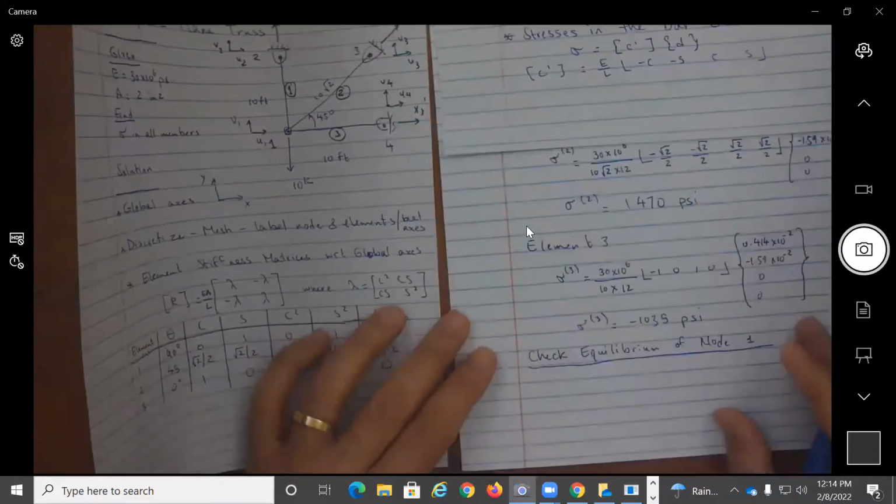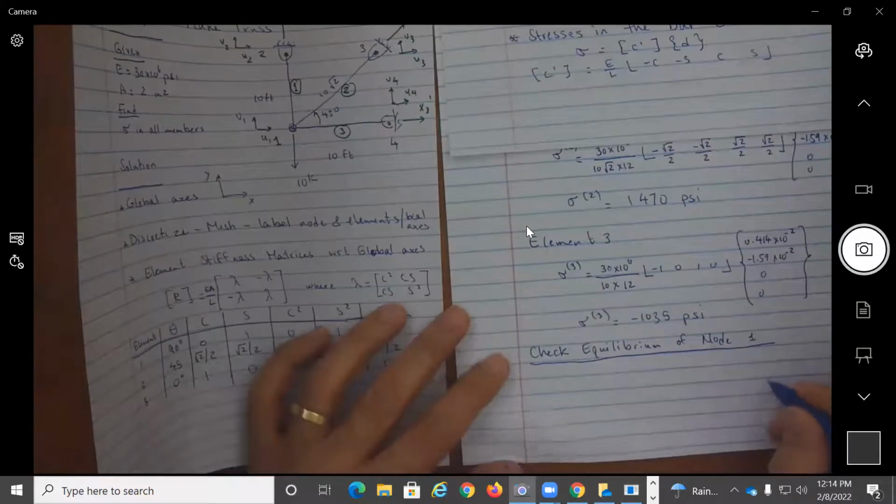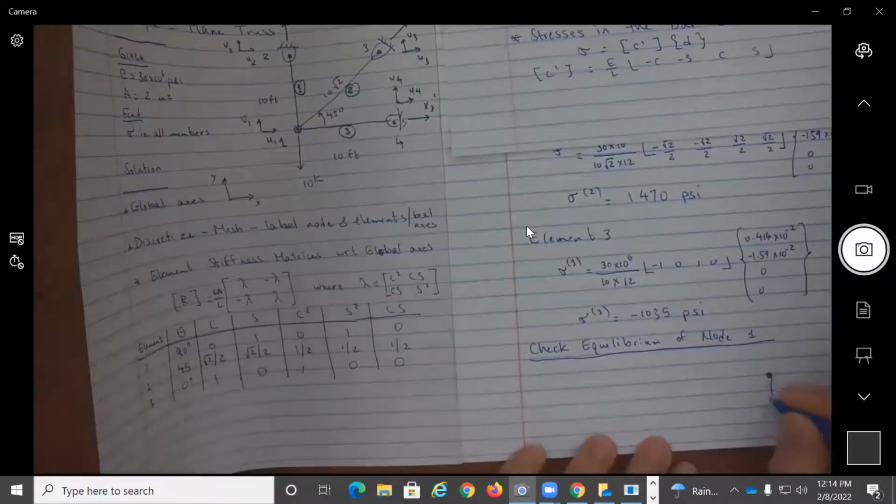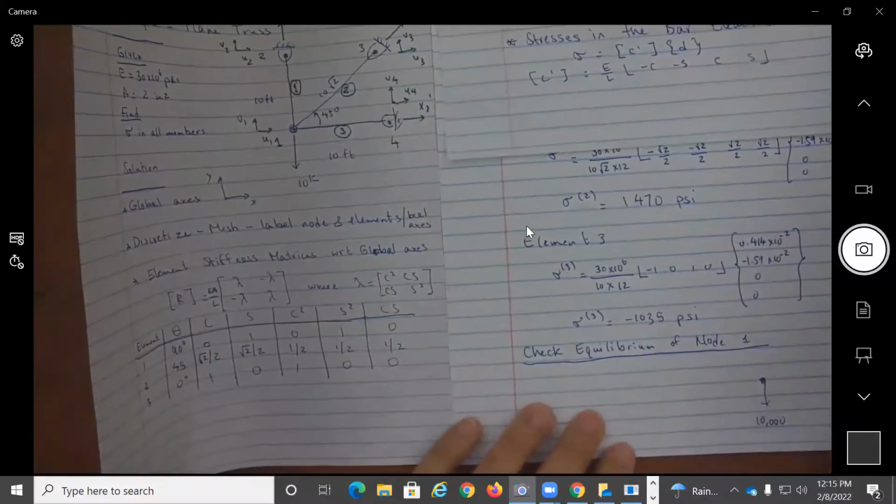So if I look at node 1, node 1 has a 10,000 force applied downwards. And then we get T1, a T2, and the compression here, T3.